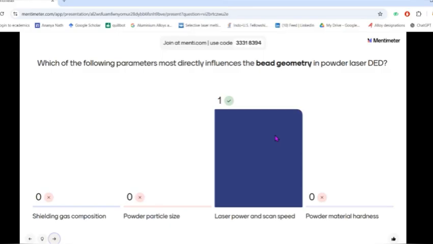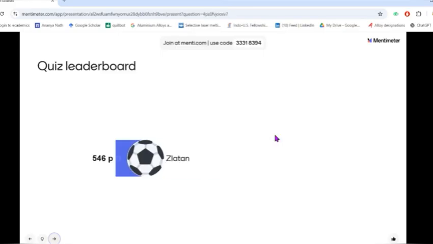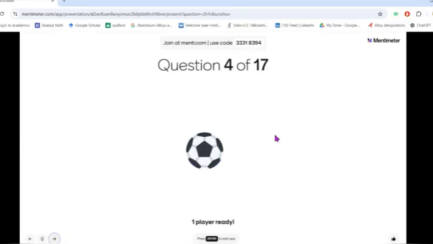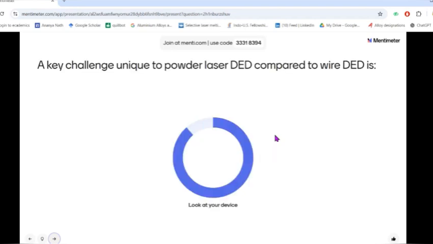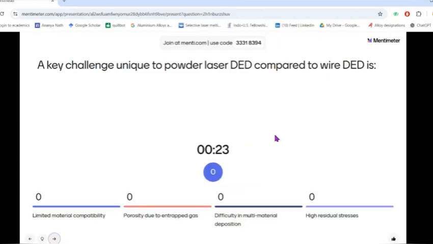Yes, laser power and scan speed. We have our fourth question. The key challenge unique to powder laser DED compared to wire DED. Unique challenge.